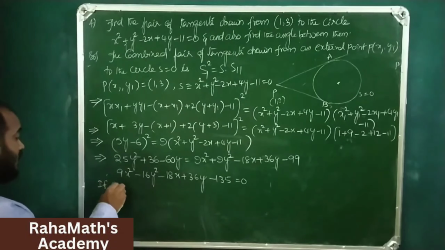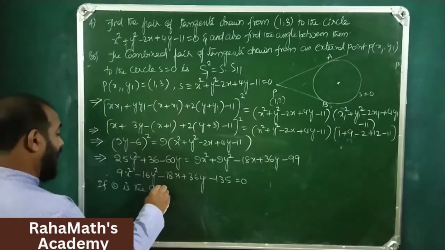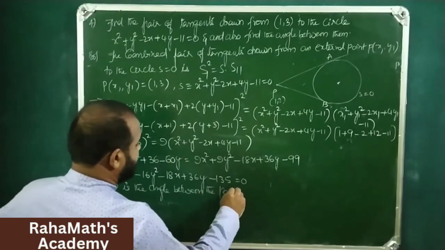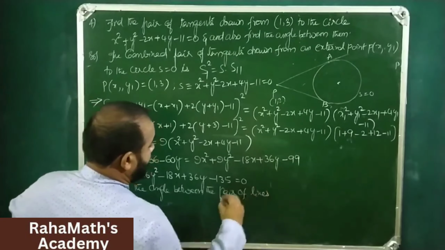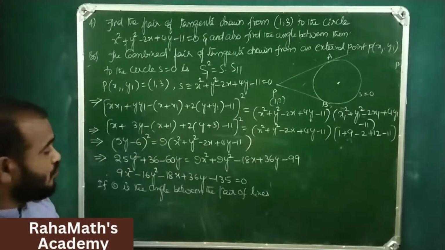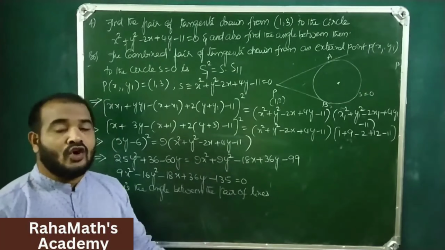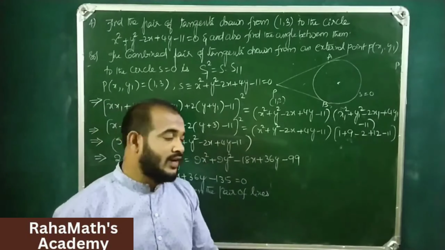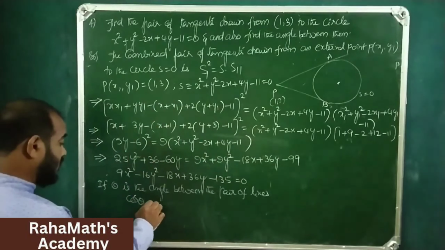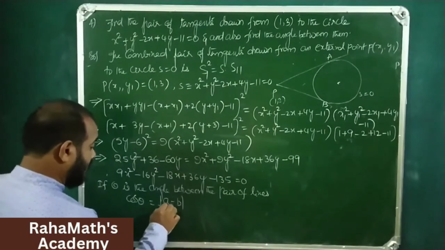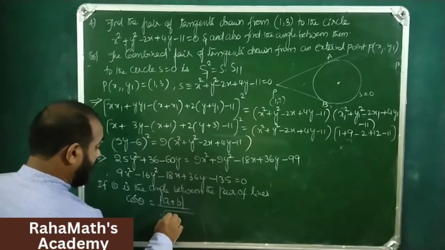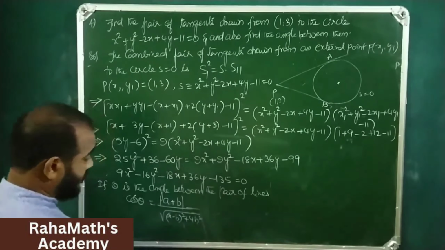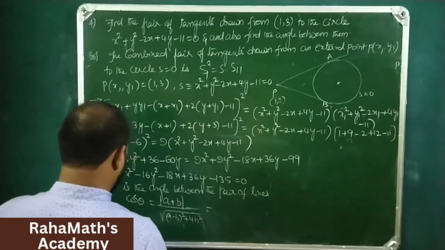So if theta is the angle between the pair of lines ax square plus 2hxy plus by square plus 2gx plus 2fy plus c equals 0, a non-homogeneous second degree equation which we have studied last year in pair of straight lines, then cos theta is equal to (a minus b) by (a plus b) by square root of (a minus b) whole square plus 4h square.